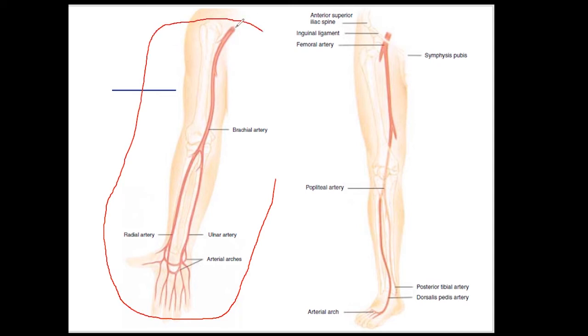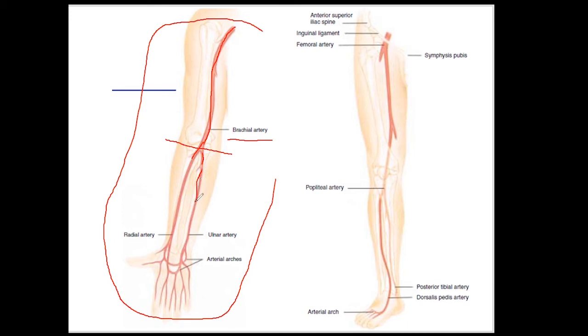We have a big artery coming from under the axillary area, that's the axillary artery. Then the artery changes its name. On the upper arm, it changes to the brachial artery. The basic names come from the local bone's name and muscle's name. Then in the forearm area, it branches. One goes to the medial side, one goes to the lateral side.